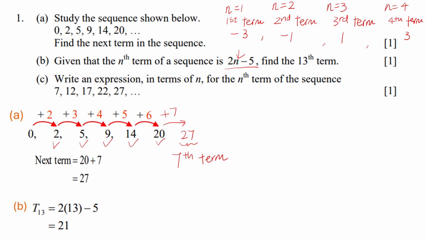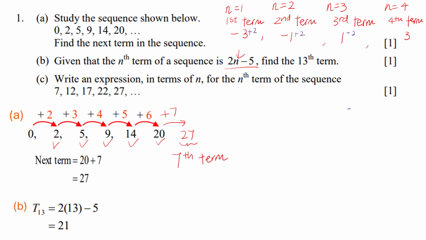Right, so if you look at this sequence, you will see that we just need to add 2. For example, negative 3 plus 2 will give you negative 1. Negative 1 plus 2 will give you 1. 1 plus 2 will give you 3.